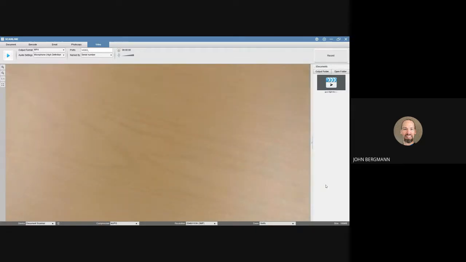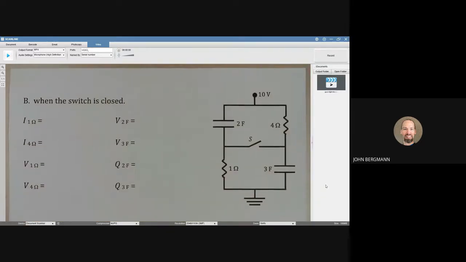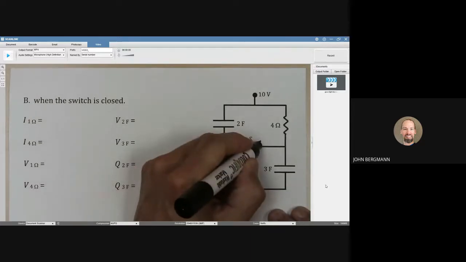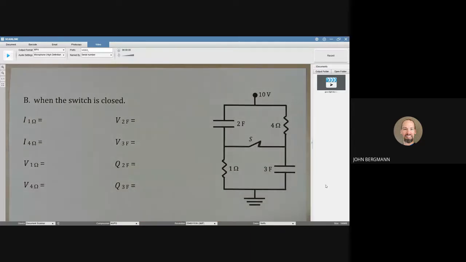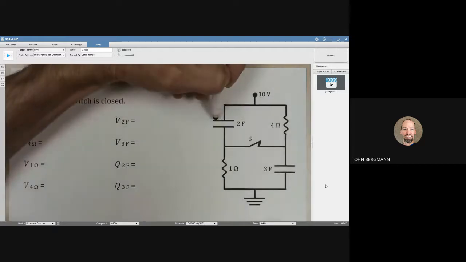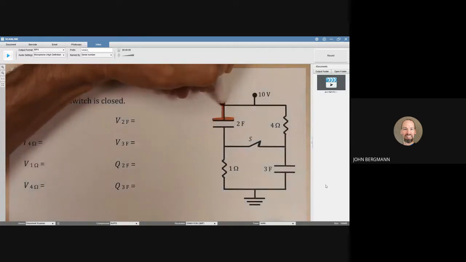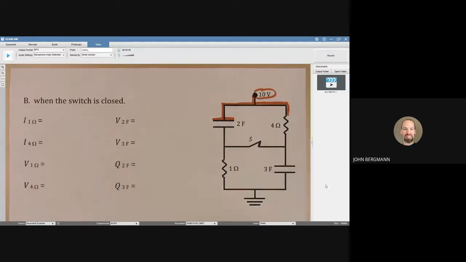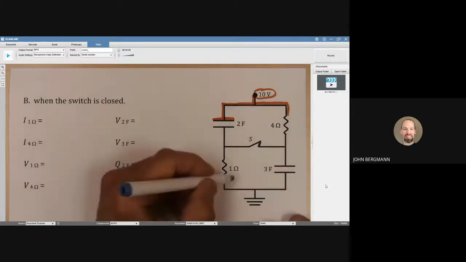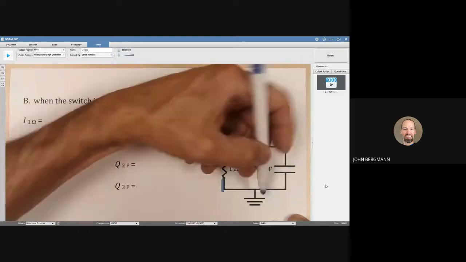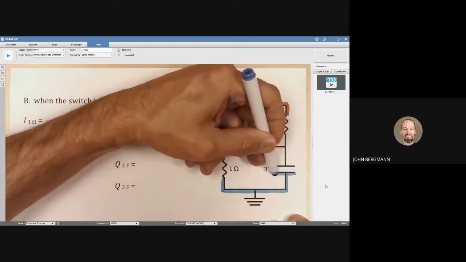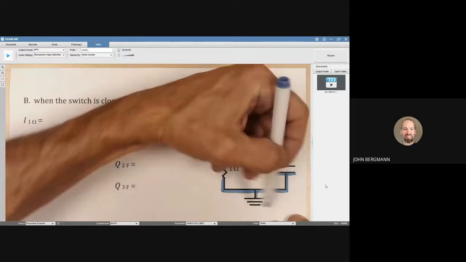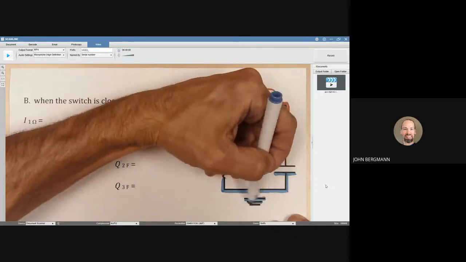When it's closed, then we have a situation that I started to get into here at the beginning of this video, and that is that this portion will be charged up. That has a potential of 10 volts. This portion down here will have a potential of 0 volts. And then I started to color the middle portion different colors.